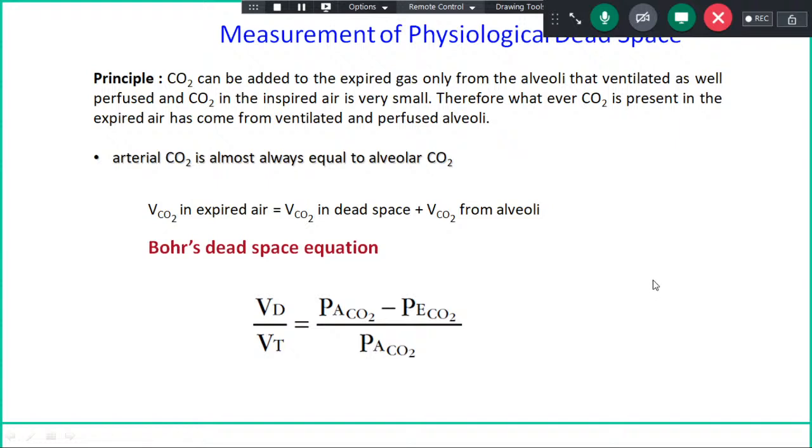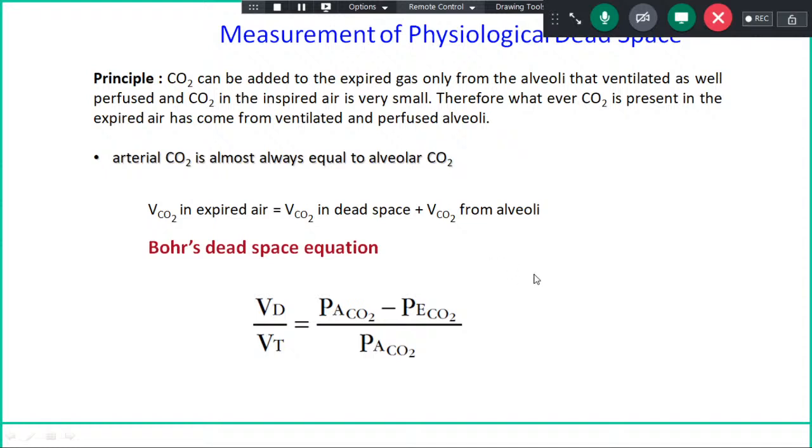So now consider the equation: the total amount of carbon dioxide in expired air is equal to the carbon dioxide from dead space ventilation and alveolar ventilation. But we know that in the dead space there is no CO2, so whatever is coming in the expired air is coming from alveoli.